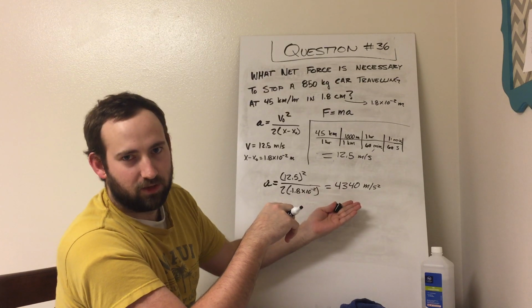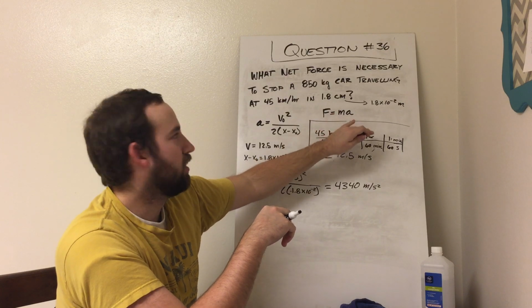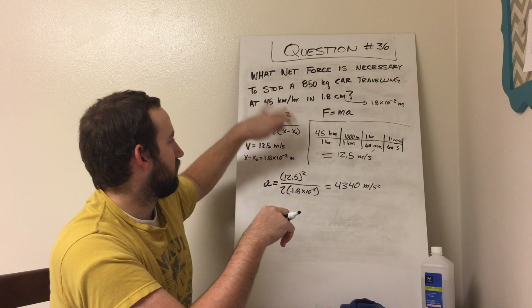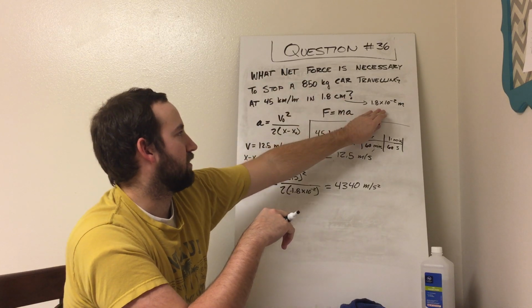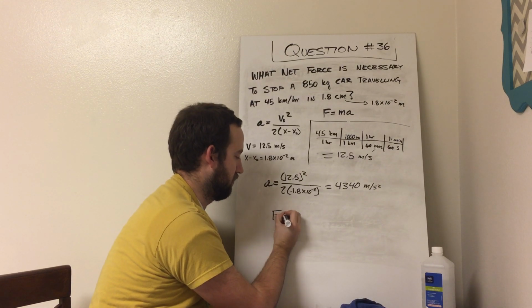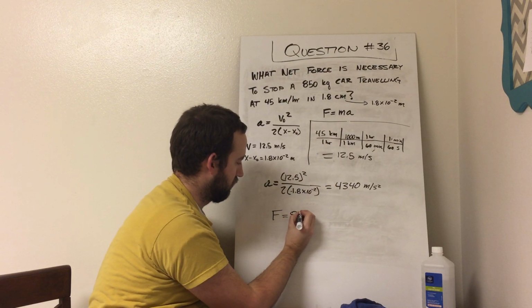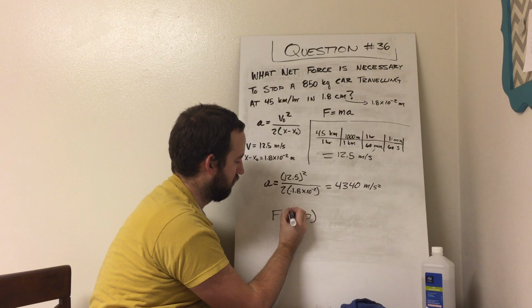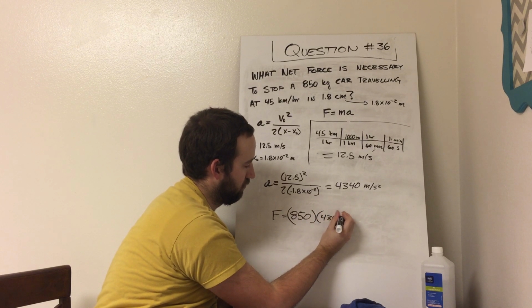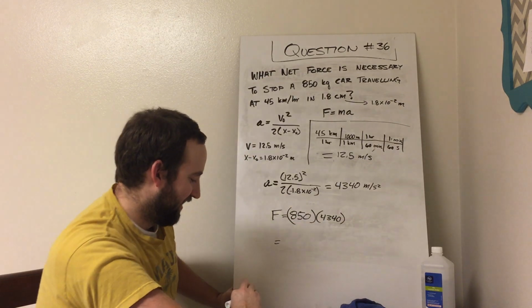or at least the magnitude of the acceleration, and we know the mass. So we can use F equals ma to figure out the net force necessary to stop within that distance. So the force, which is our unknown, equals mass, which is 850 kilograms, times the acceleration, and that equals a really big number.